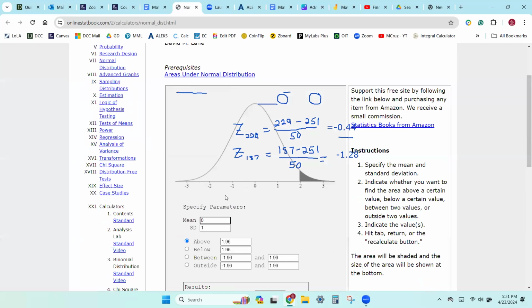All right. So I'm going to put this one in. It was 187 and then the bigger one is 229.